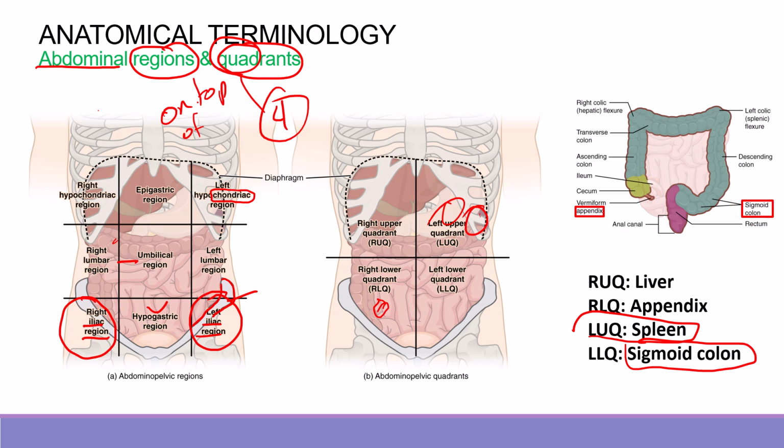The large intestine is a general term, but in reality, the large intestine is subdivided into regions. The beginning of the large intestine is what we call the cecum, and coming out of the cecum, we have the appendix, which has a worm-like appearance and is part of the large intestine.